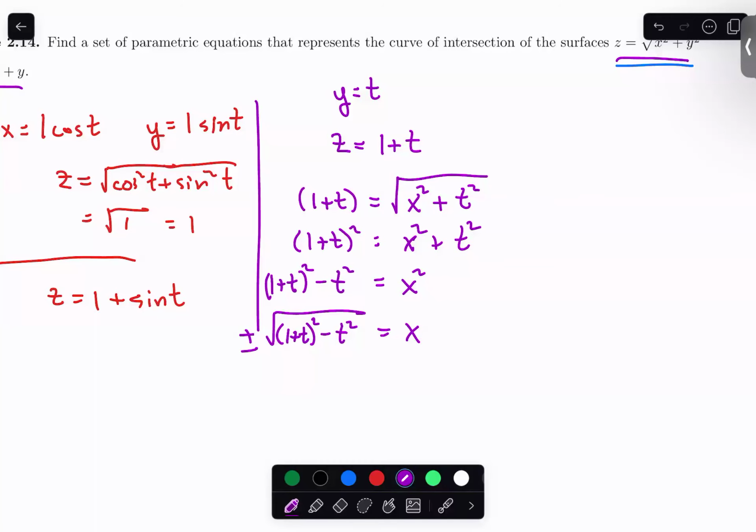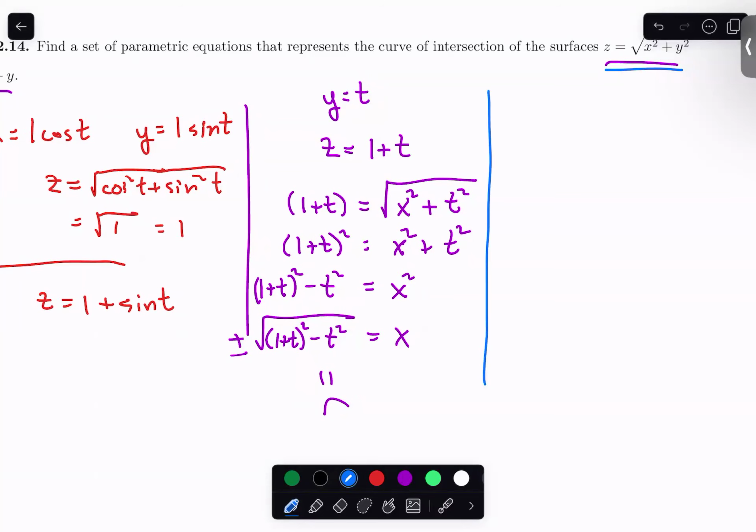This plus and minus isn't going to be a function. So that's my issue here: because I've had to take a square root, to get the full curve of intersection I need both the plus and the minus. I can't just choose one of them. So again, this is me showcasing a bit of a roadblock. Y equals t is a very reasonable thing to start with, but sometimes it's not going to work out, and we have to pause and try something else.